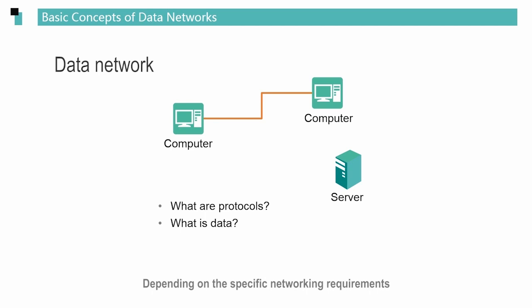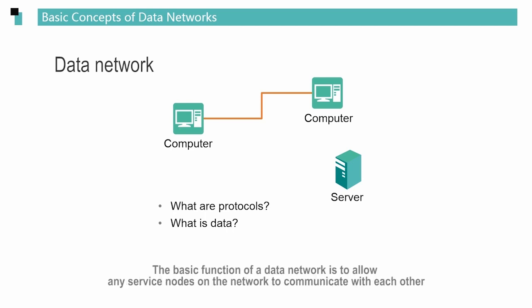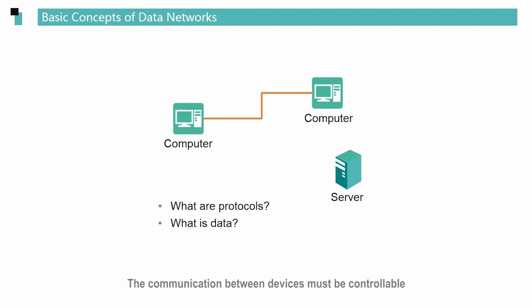Depending on the specific networking requirements, data communications engineers configure and commission these devices to set up a properly functioning data network. The basic function of a data network is to allow any service nodes on the network to communicate with each other. The communication between devices must be controllable, reliable, and secure.